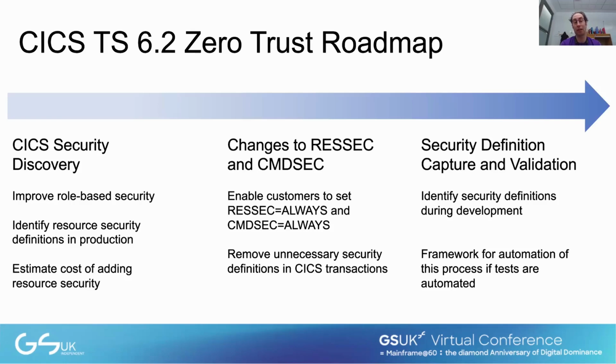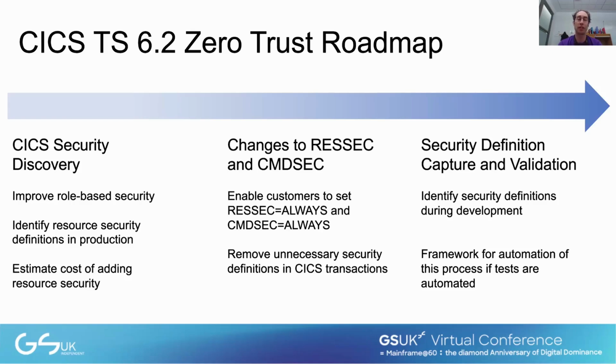So how much is that going to cost you, and how can we assist in providing you with the means of coming up with an estimate before you start down that process? Because once it starts getting into costs, then that's more of a business decision rather than a CICS system decision as to whether you go ahead and put this on.